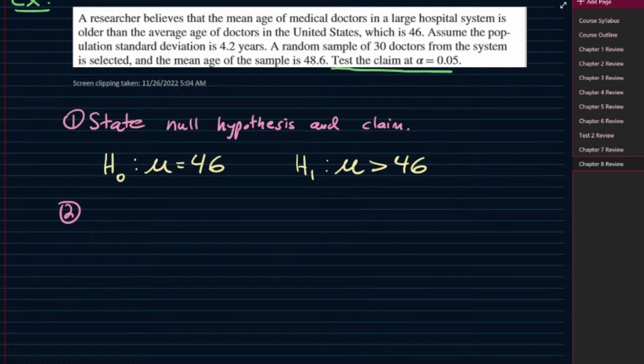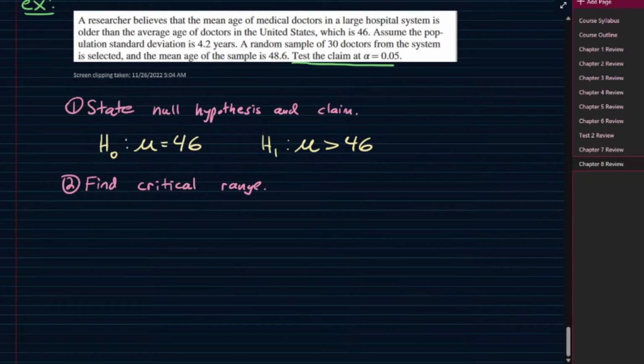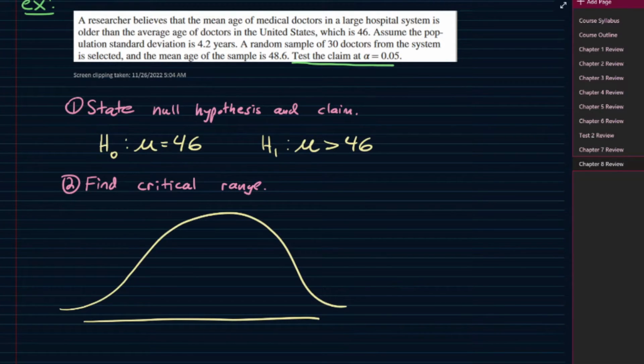Step 2 is find our critical value or values, or the critical range, if you want to say. So we look at our significance level. And the significance level, alpha, is 0.05. And this is a right-tailed test because we're doing mu greater than 46.